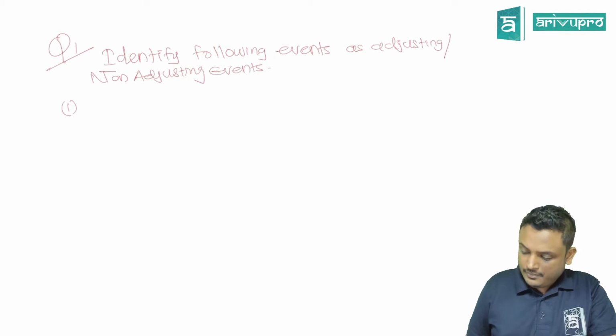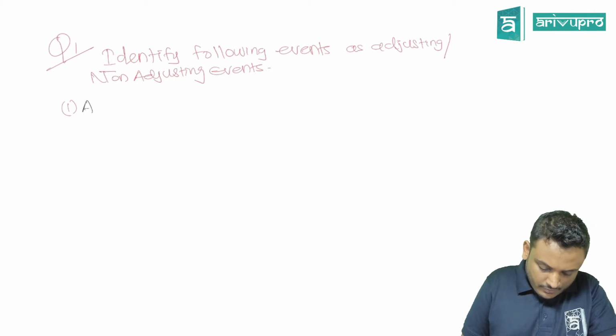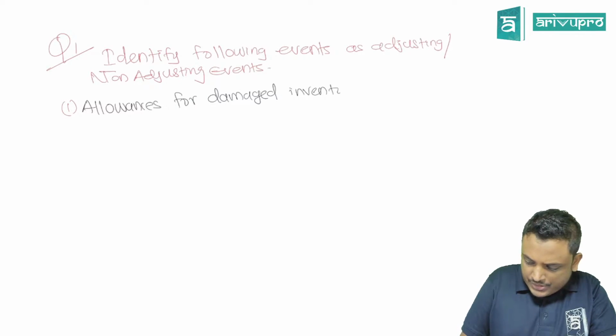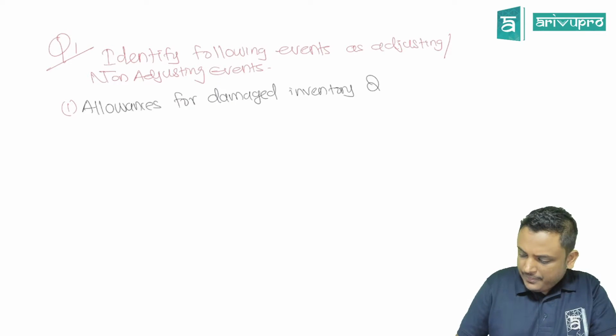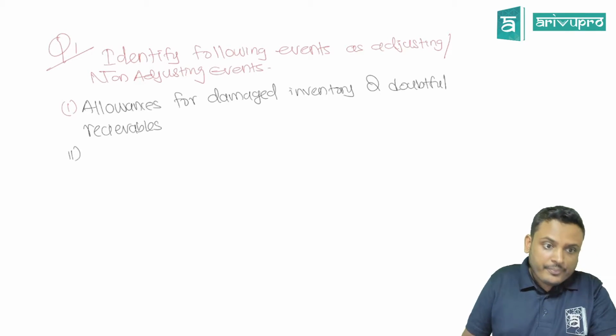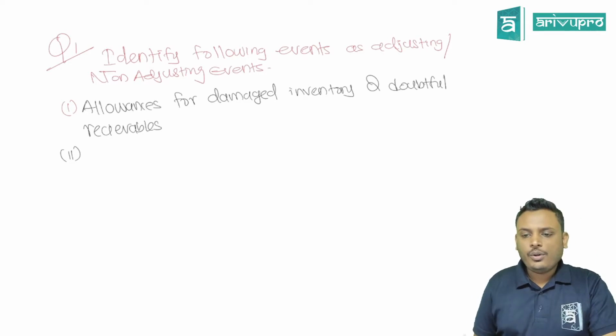Number 1: allowances for damaged inventory and doubtful receivables. Whether it is an adjusting event or non-adjusting event.